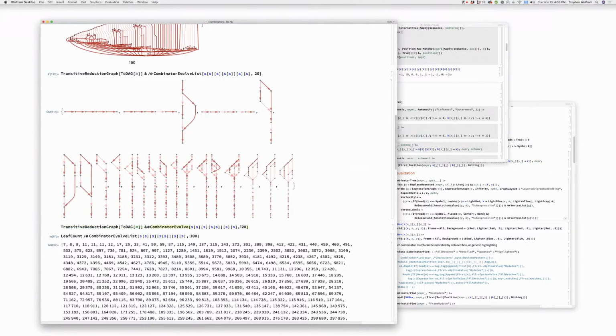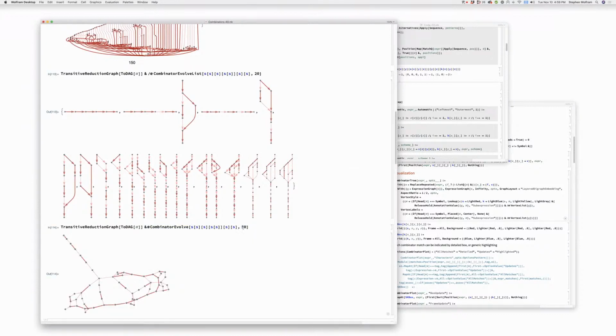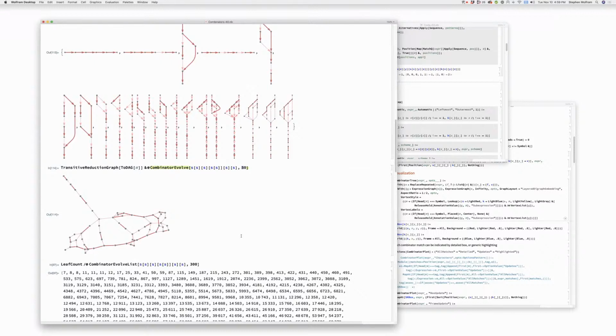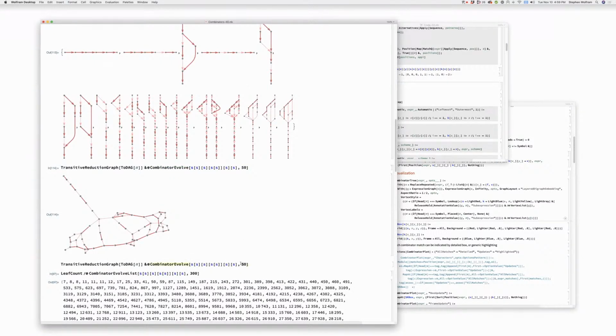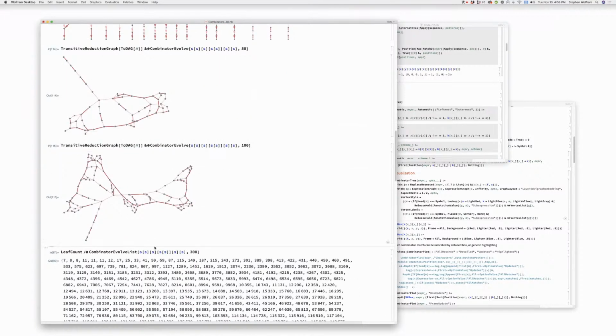I realize this is the same one that I studied earlier. What does this tell us? Okay, I have a collection.